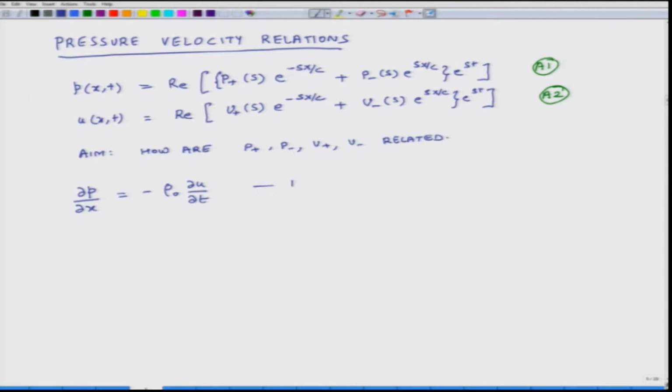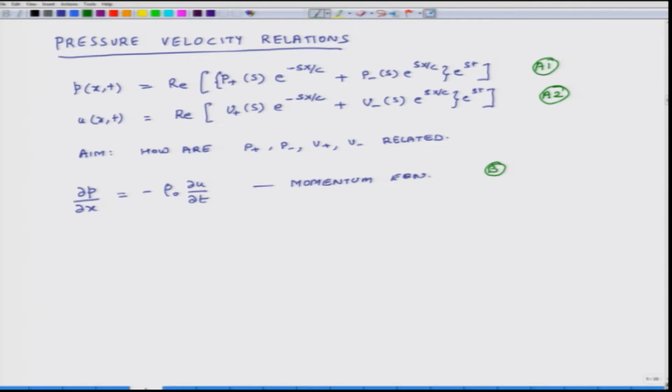So, that is my momentum equation. I call this equation B. Our aim is to figure out the interrelationship between U plus, U minus, P plus, and P minus, and to figure that relationship out we will use the momentum equation.